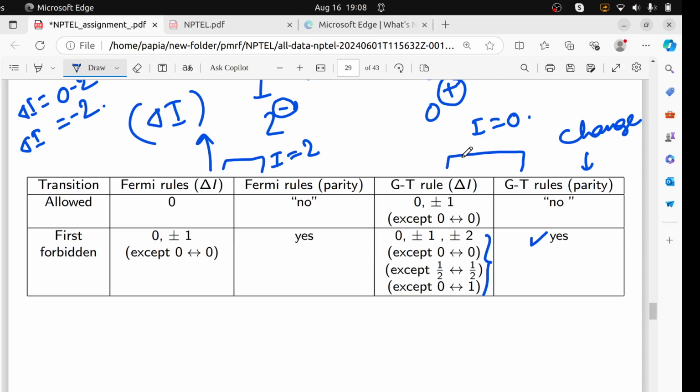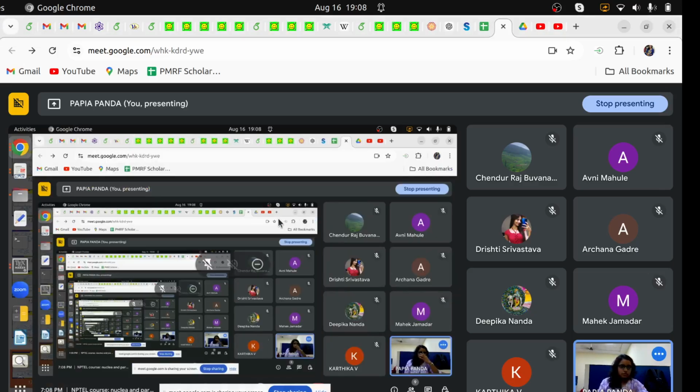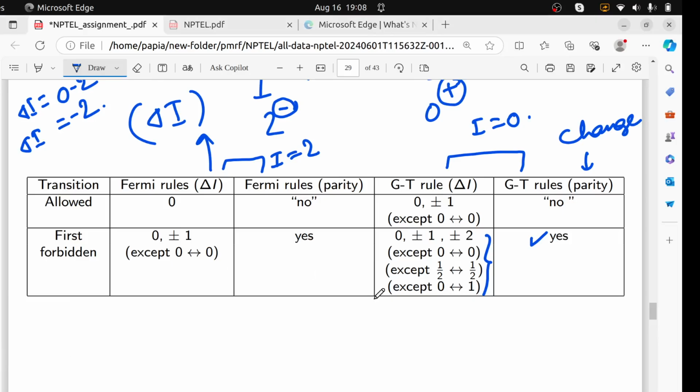Can anyone confirm yes? Am I audible or not? Yes, ma'am, you're audible. Yeah, it's fine, Gamow-Teller with the first forbidden. Or do you have any doubt on that? If you have any doubt, you can ask me. I can solve whatever doubt you have.